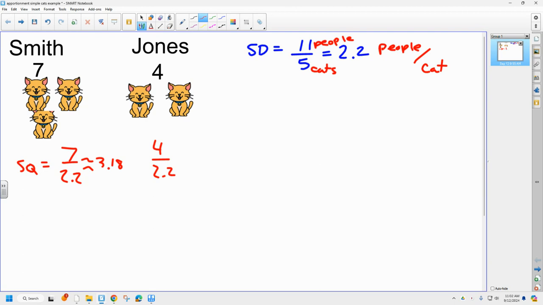Divided by that 2.2 is about 1.81. And so if you round off, you can see 3 cats come out of there, and 2 cats. It's a little bit more complicated than that, but that's an idea of where that 3 and that 2 would come from mathematically.